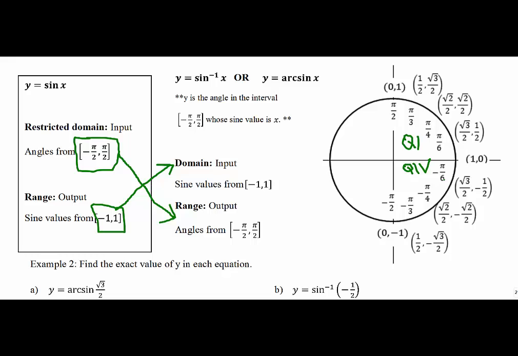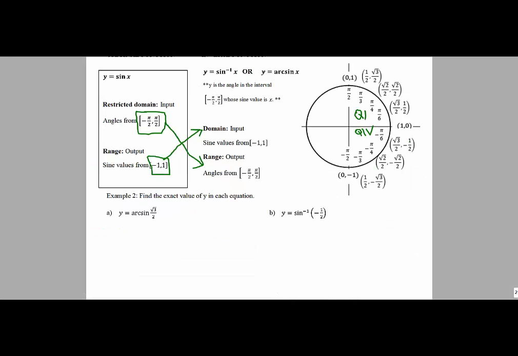The angles in quadrant 4 will be measured in negative values, from negative 30 degrees, or negative pi over 6, all the way to negative 90 degrees, or negative pi over 2. If we were asked to find the arcsine value of square root of 3 over 2, what we're actually looking for is an angle, and we have to pick from quadrant 1 or quadrant 4 since we're working with the inverse function. We want to know what angle has a sine value of square root of 3 over 2, and that's a positive value.